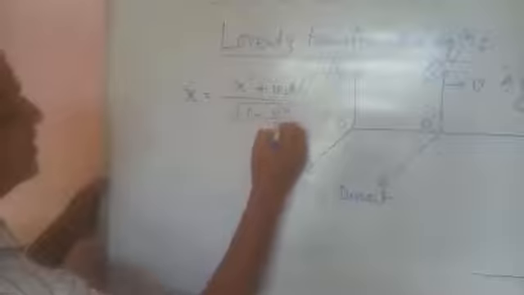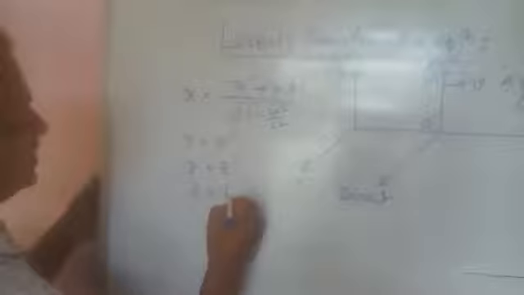Now what are the inverse relations? So x is equal to (x dash plus v t dash) under root 1 minus v square by c square. y is equal to y dash, z is equal to z dash, and t is equal to, it will change, (t dash plus v by c square x dash) under root 1 minus v square by c square.